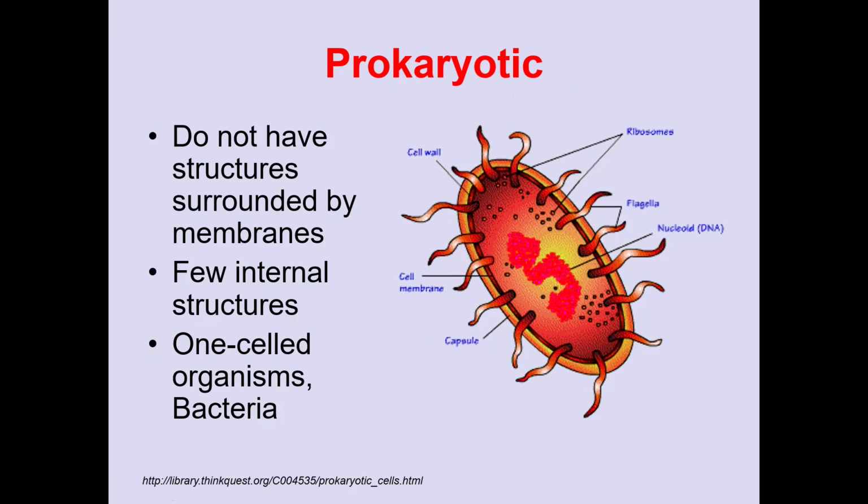They do not have structures surrounded by membranes, and they have few internal structures, and they are single cell organisms. It has ribosomes, and it has the nucleus, which is their DNA. The nucleus is not membrane bound, so the DNA is just floating freely without being housed in a nucleus.